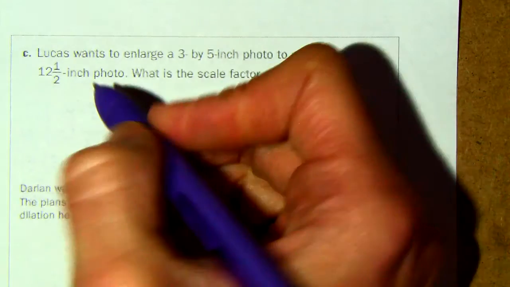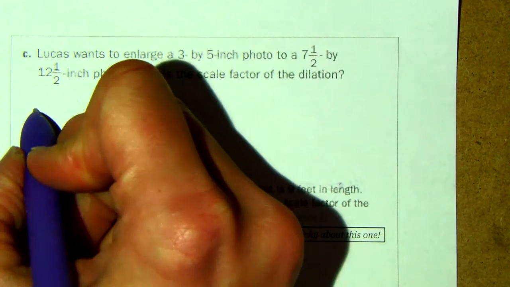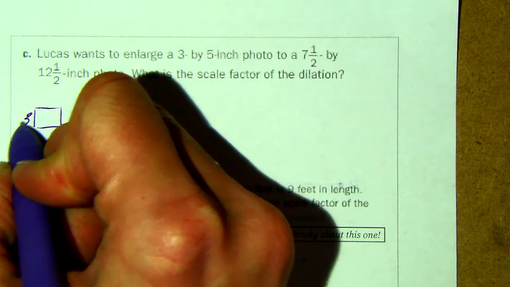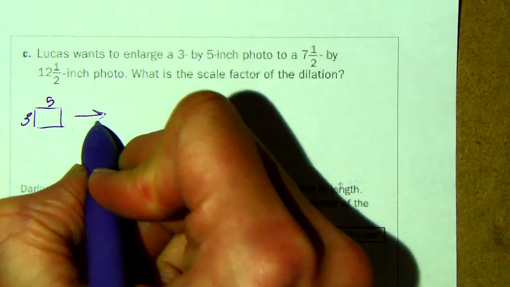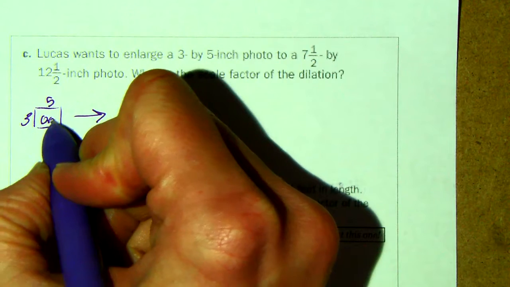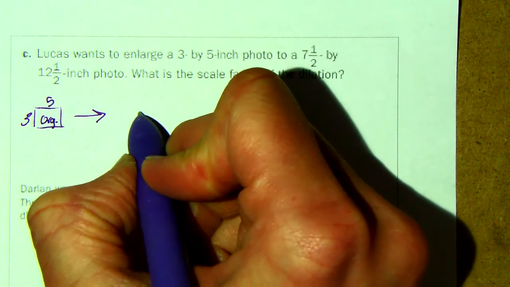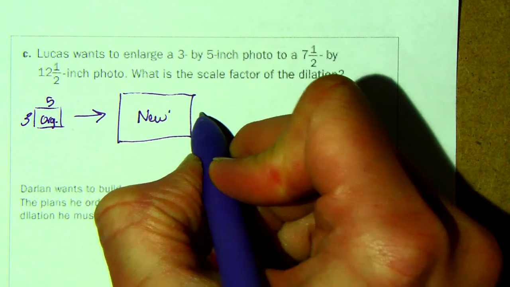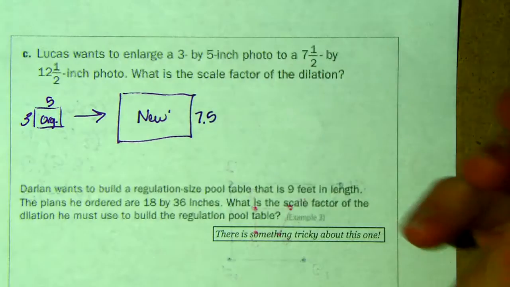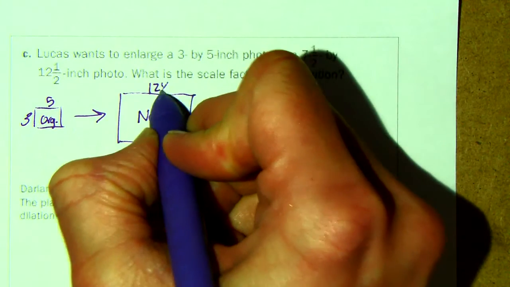And he's going to enlarge it. So this is original, and this is the new. So it's going to be bigger, and it's going to be 7.5 by 12.5. What's cool about this is it doesn't matter which set of numbers I use.